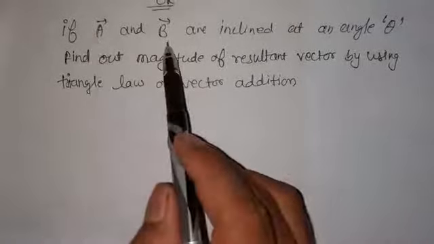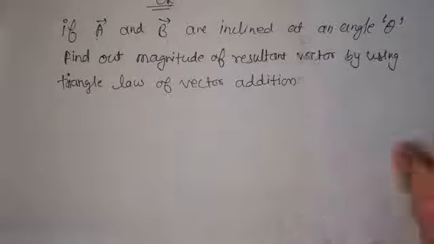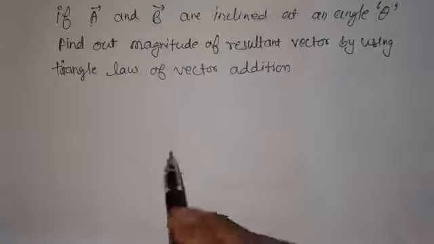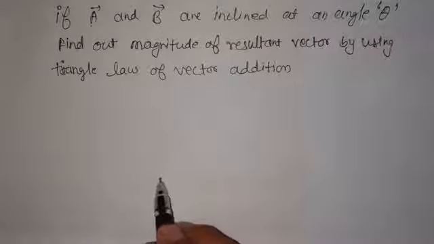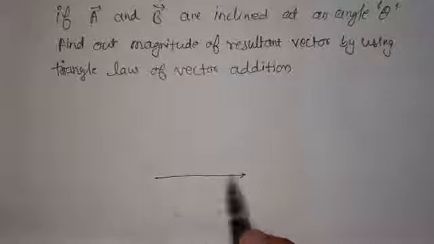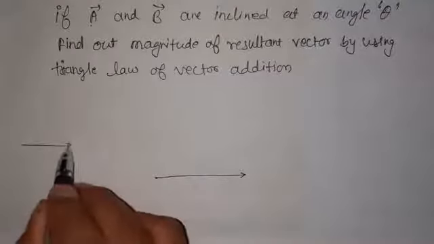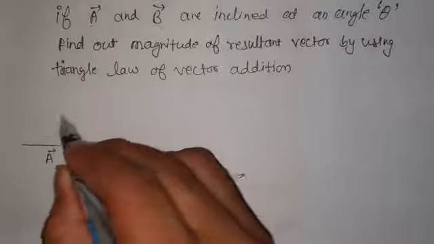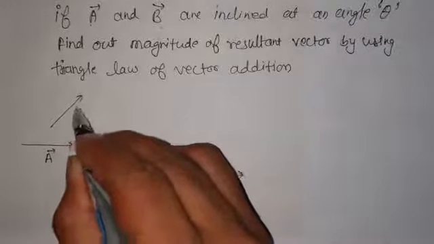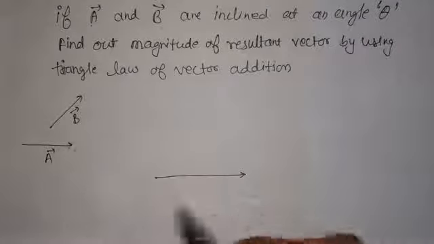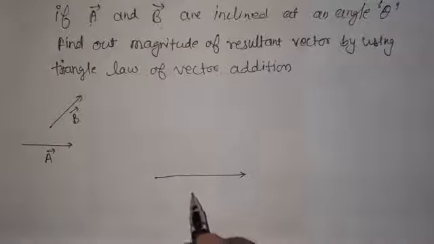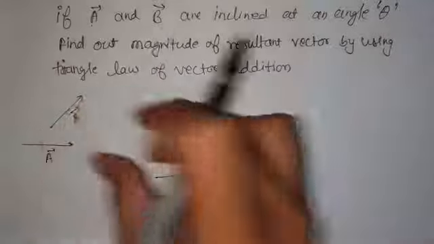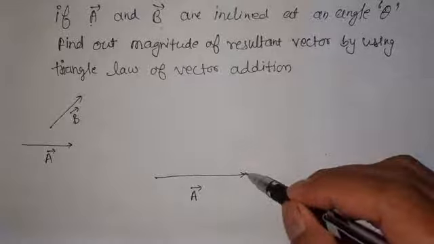There the two vectors are given and they are inclined to each other at an angle. In the triangle law of vector addition, take the vectors. Here I have one vector, A vector, while this is the second vector. These have two different directions, so I am going to arrange them: take the parallel of this one over here and the parallel of the second one to form the same order.